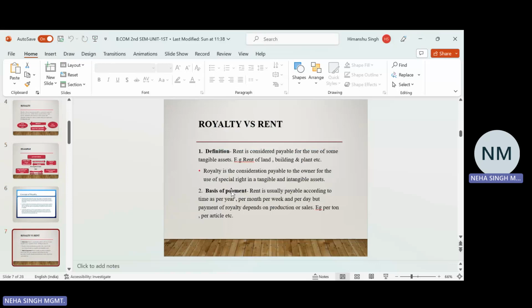Basis of payments: rent is usually payable according to time, as per year, per month, per week, and per day.